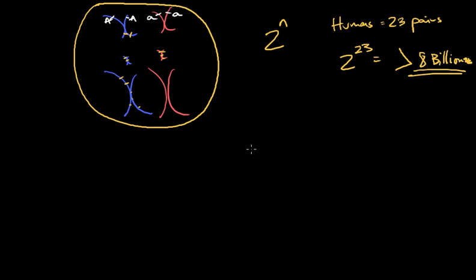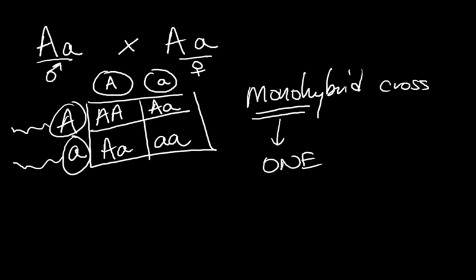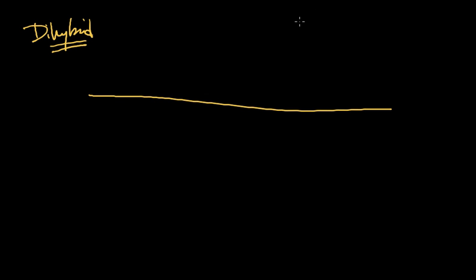And if you think about dihybrid crosses, let's open up a new page. So dihybrid, if you remember these from 9th grade, these are the ones that have 16 squares.